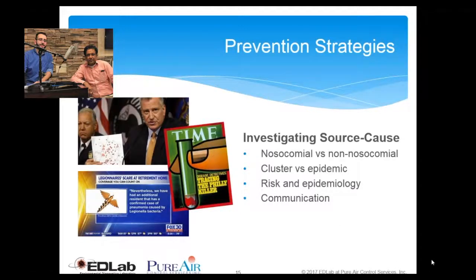The other thing I have noticed is that during the investigation of source causation, there are a few things one needs to pay attention to: whether it is nosocomial or non-nosocomial, meaning that it is spread from a hospital environment or a non-hospital environment. It is cluster versus epidemic, meaning that this outbreak is in small pockets like a cluster, or it is really grabbing a whole big geographical area with a lot of people involved.